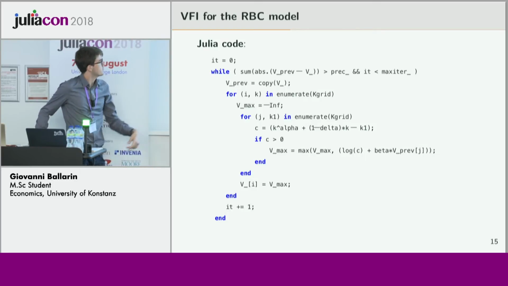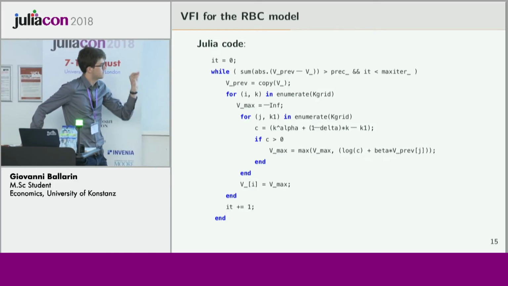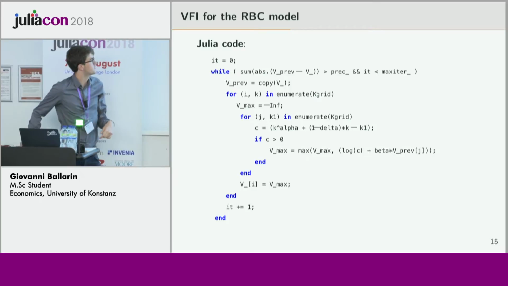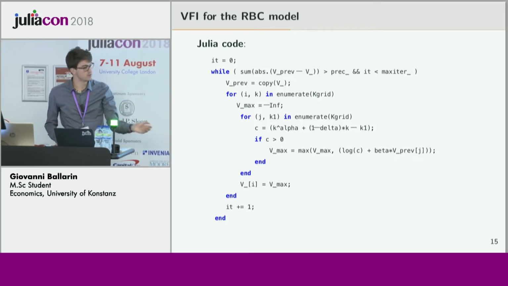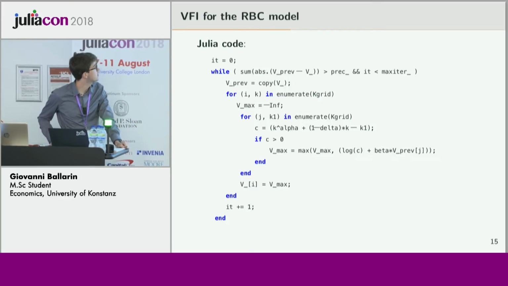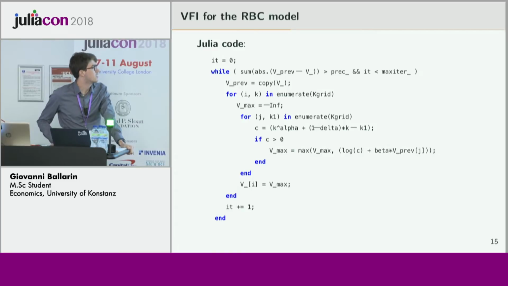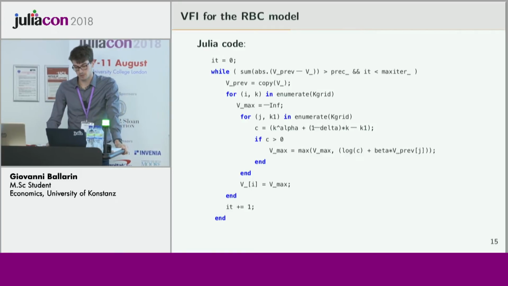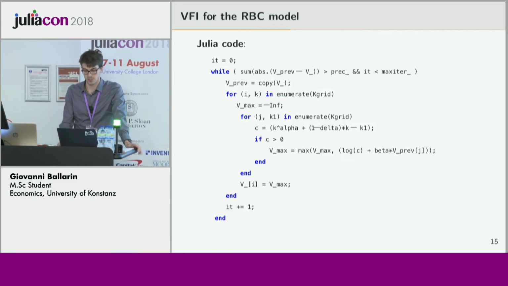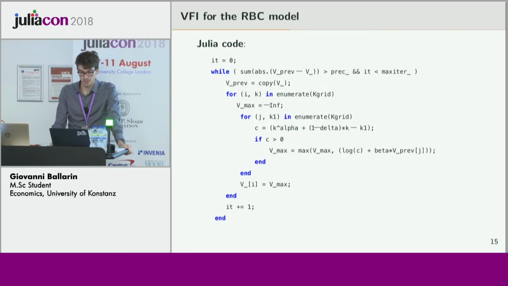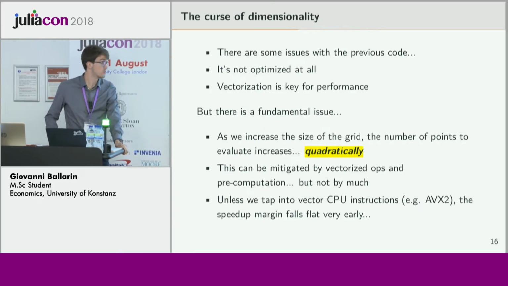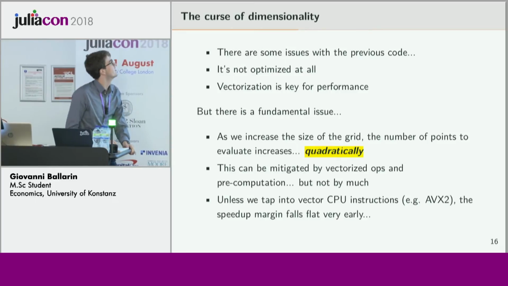The Julia code is straightforward, just what I said before. You will use the logarithm, which is a specification of the CRRA for a sigma that goes to 1. As you can see, I'm not optimizing the code really well. You could do this in basically any other programming language, not just Julia, and it is very intuitive. So there are some issues. It's not optimized.